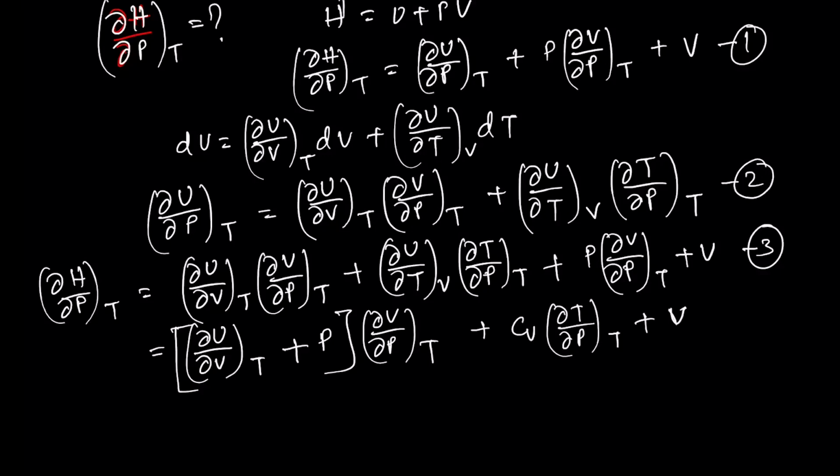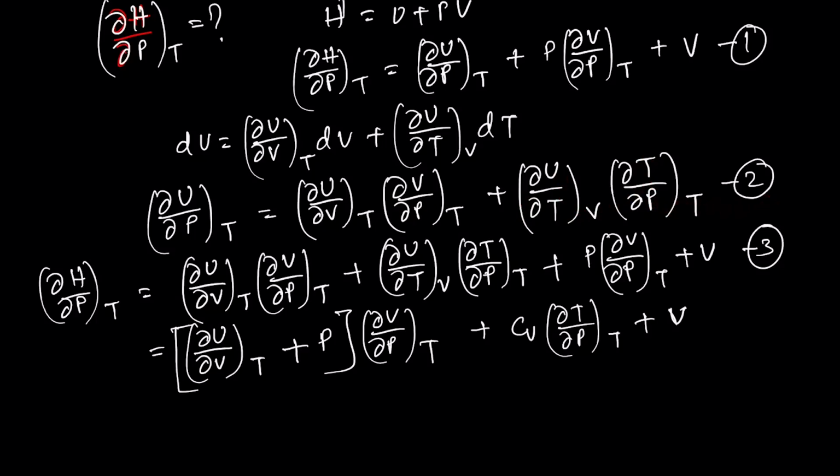Is it going in the right direction? Let me see whether we are doing it rightly or not. So, U plus PV, so del U by del P at constant T plus P del V by del P at constant T plus V, this is correct. And now we write this del U by del V by del P, del U by del T by del P at constant T, correct.